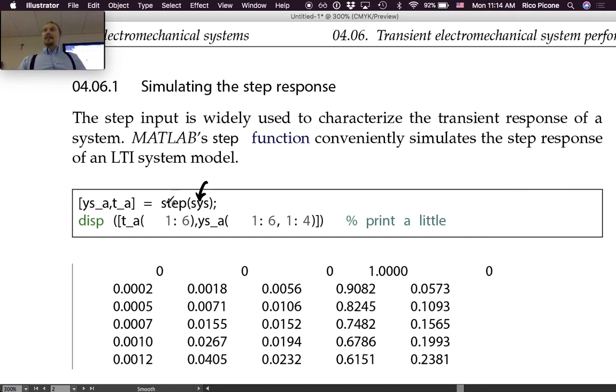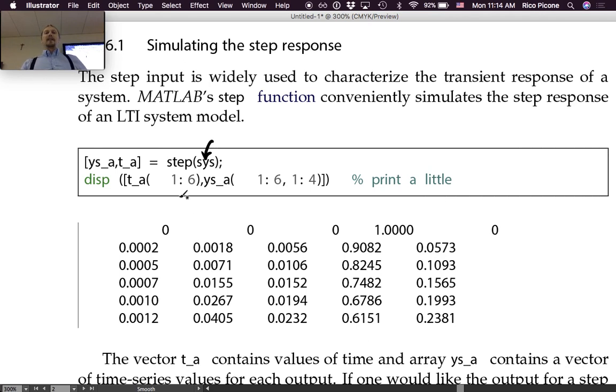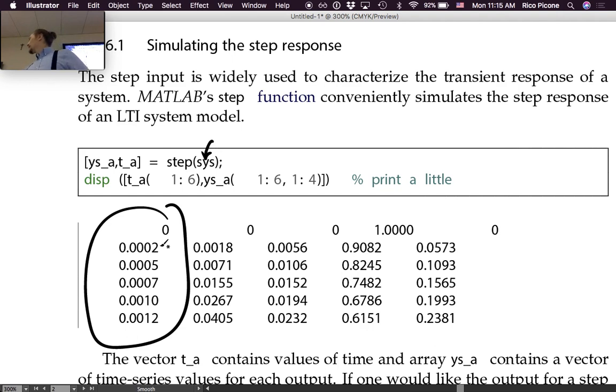But instead I decided to just print out like 6 rows of the time array, so these are the time values. So it starts off at time equals 0 seconds, and then 0.0002 seconds, 0.0005. I don't know if I said the right number of zeros, but you get the idea. These are the time steps, and these are the corresponding values of each output at that time step.